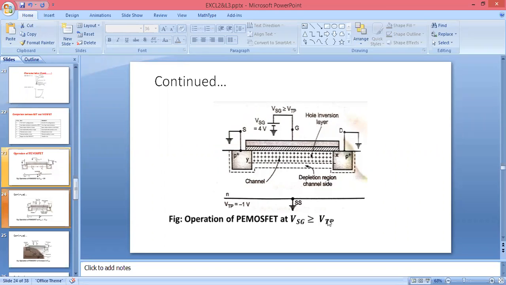If this value of VSG is equal to or greater than VTP, what will happen? Depletion region will increase. Then the height of depletion region will decrease. That's why the depletion region goes to the channel side and the resistance will oppose. That's why we'll get current here. ID starts to flow.